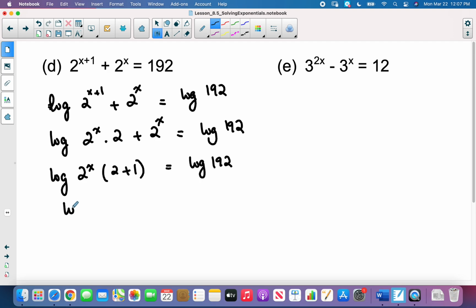So that's log of 3 times 2 to the power of x equals log of 192.